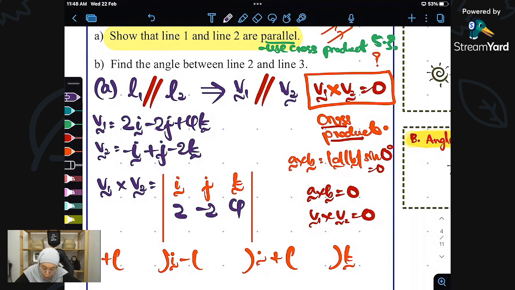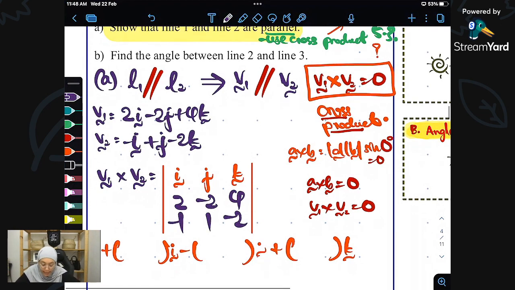Masukkan V2 punya vector, negative 1, 1 and negative 2. And then you do this cross product punya formula thing, 4 minus 4. And then here is negative 2, sorry, is it so? Negative 4 plus 4. And then here for k, we will get 2 minus 2.